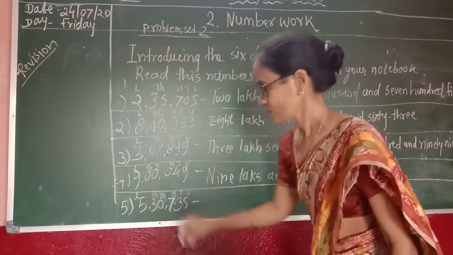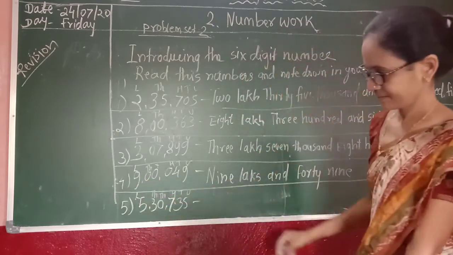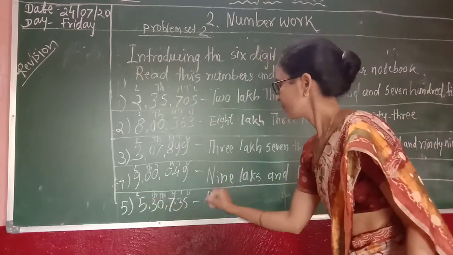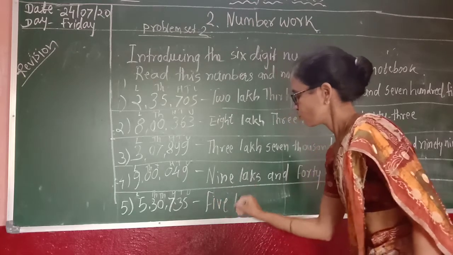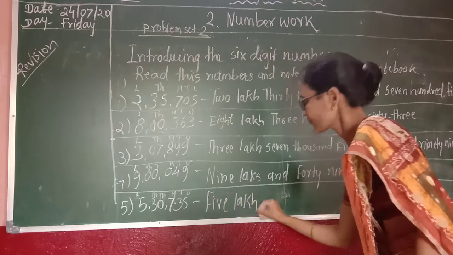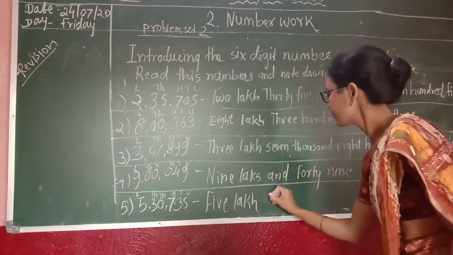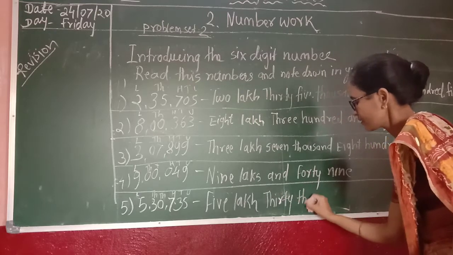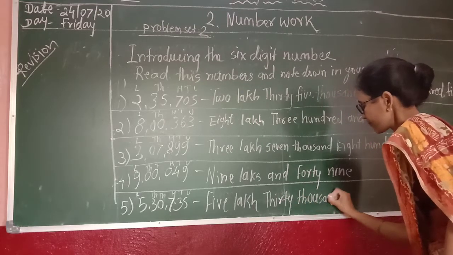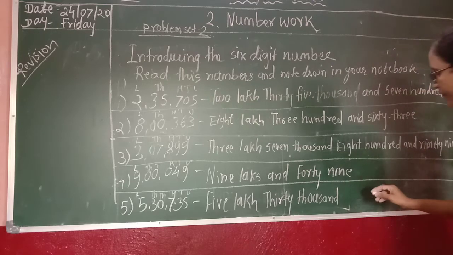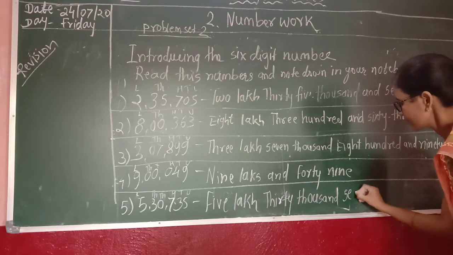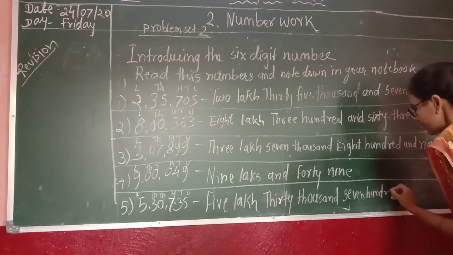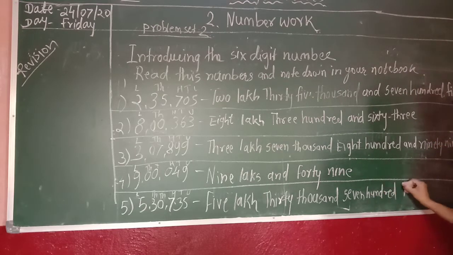So how to read? 5 lakh. L means lakh. 5 lakh 30,000 700 135.